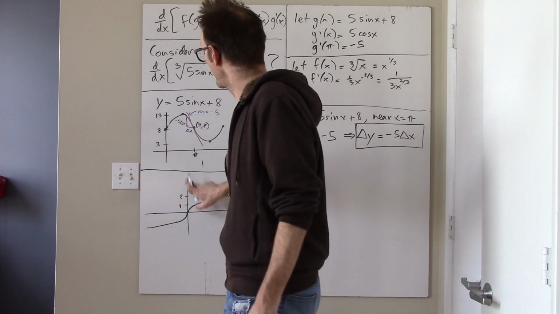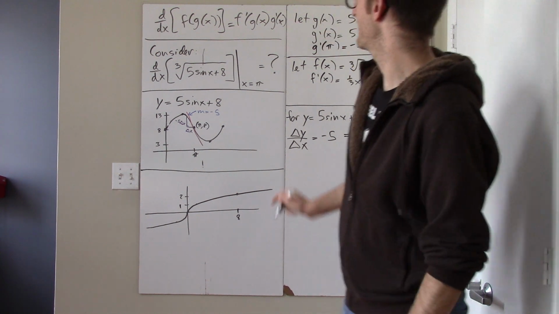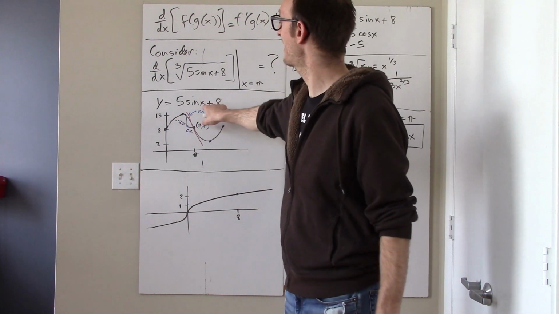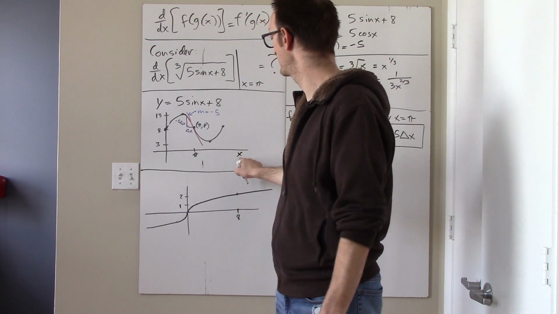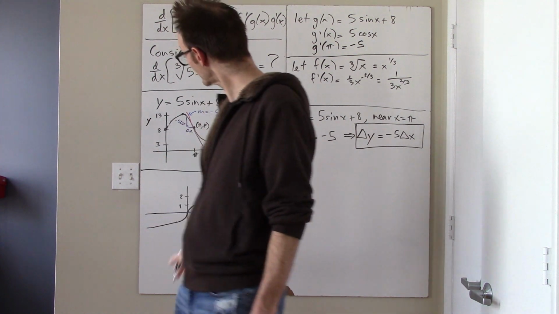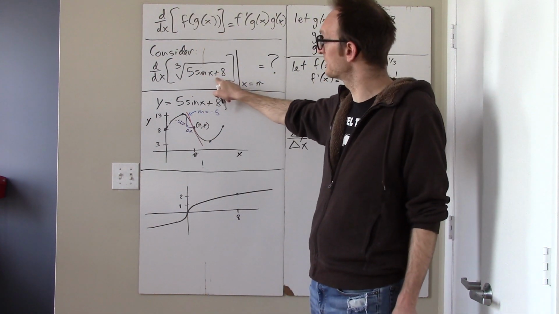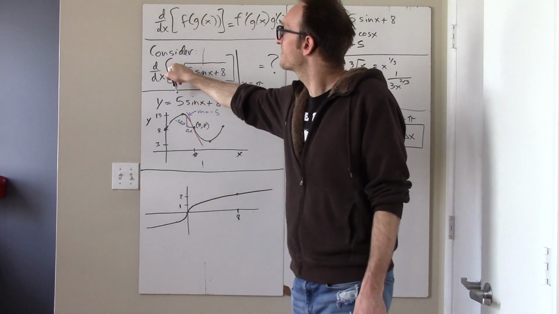And to further clear things up, here I have this y equals 5 sine x plus 8 graph that I made. I'm going to think of this as the x-axis, the input axis, and the output axis is y. But since this is a composite function, it's the output of the inner function which becomes the input of the outer function.